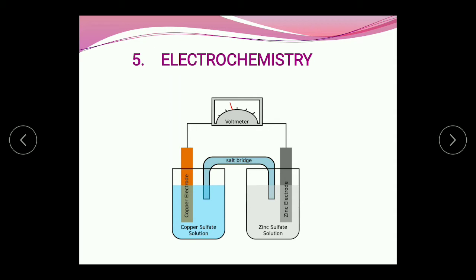Hence, if that subscript reduction or RED is omitted, then we get the formula E0 cell equals E0 cathode minus E0 anode, or E0 RHE minus E0 LHE, because RHE is reduction at the right hand electrode and the left hand electrode is anode. So this much we learned in the previous session.